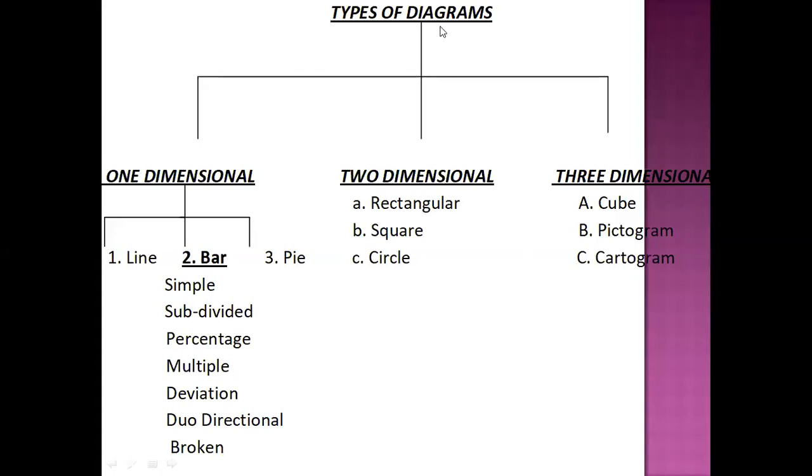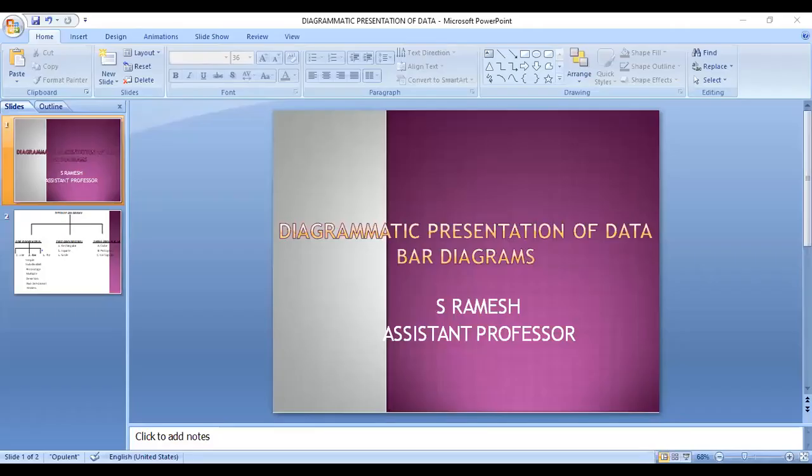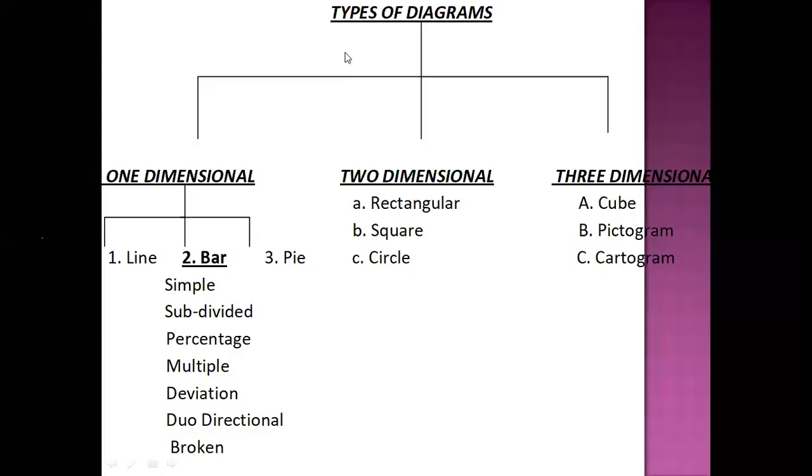You can see types of diagrams. They are divided into three main categories: one dimensional, two dimensional, and three dimensional. In one dimensional, line diagrams we have seen.